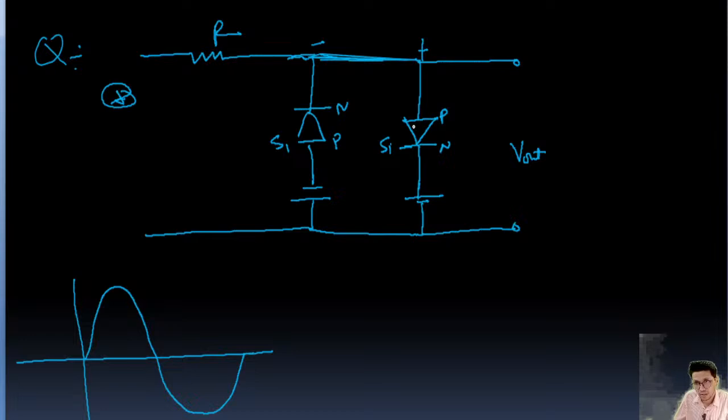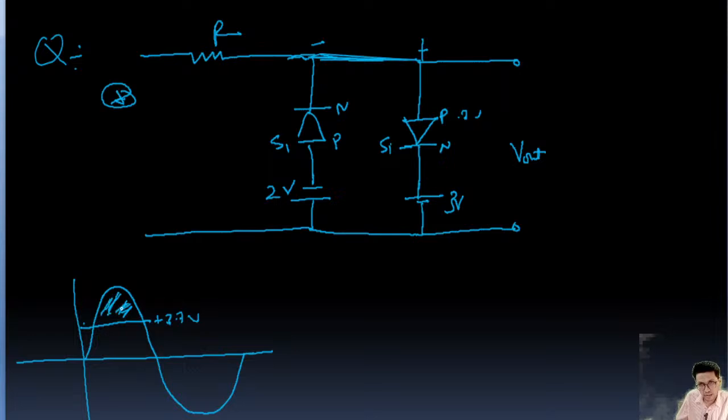This is silicon diode, so for silicon diode there is a voltage of 0.7. This voltage is 3 volt and this volt is 2 volt, right? So 0.7 volt will be the voltage here, and this will get added, so this is going to be 3.7 volt. Plus 3.7 volt will be like this, and this will get cancelled.